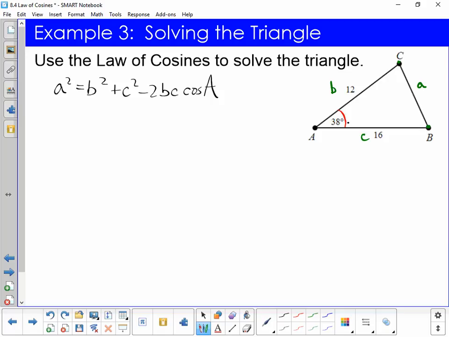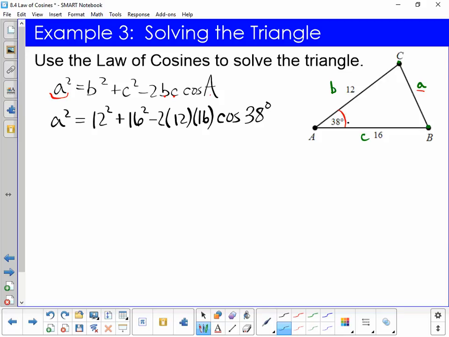All right, so we're trying to solve the thing we're going to find first. It looks to me like I know B, I know C, I know angle A. We're going to be finding side A first. So if we put in the information we know, B is 12, C is 16, and the cosine of angle A is 38 degrees.